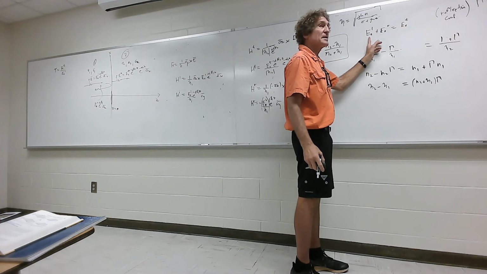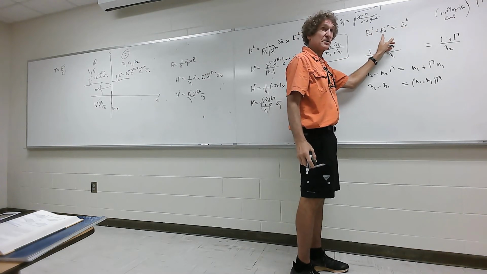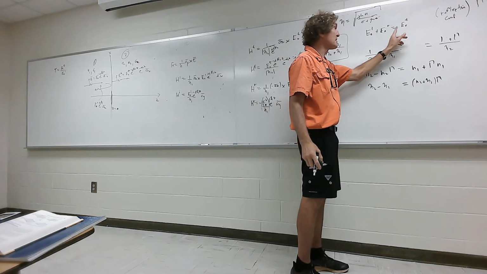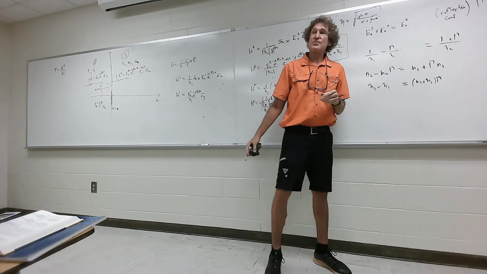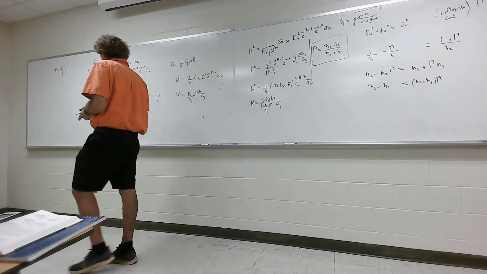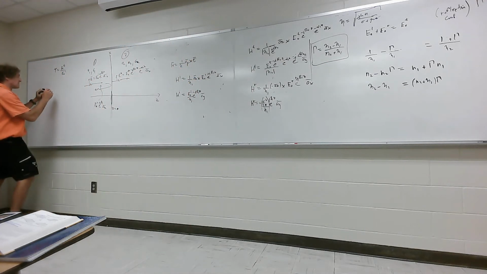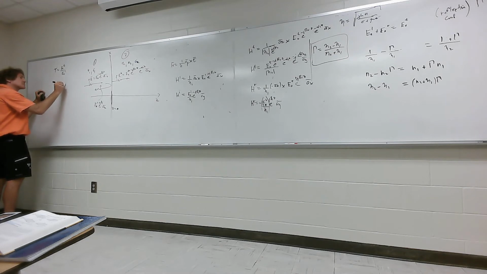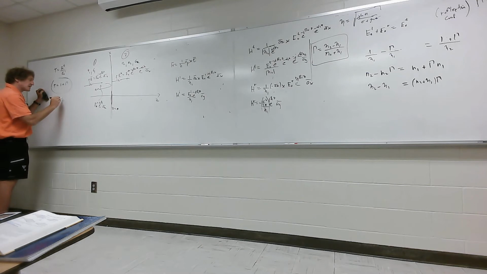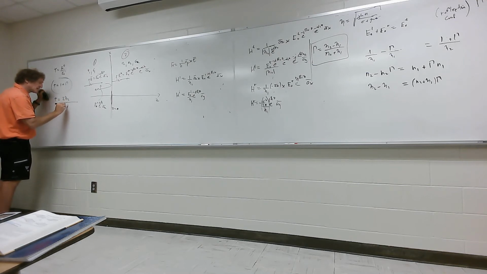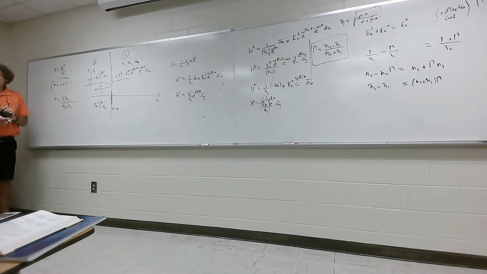E naught incident plus the reflection coefficient times E naught incident is equal to E naught transmitted. So tau here is simply equal to 1 plus the reflection coefficient. Now tau can also be rendered this way: it's 2 times η2 over η2 plus η1.